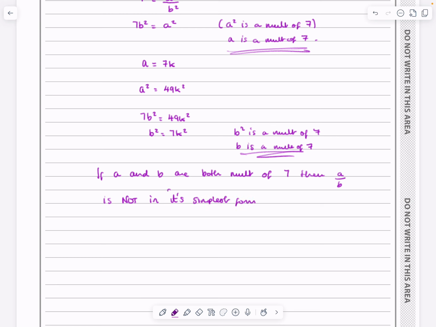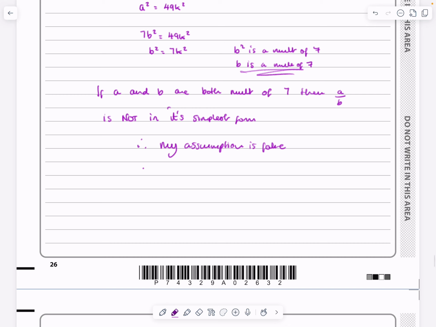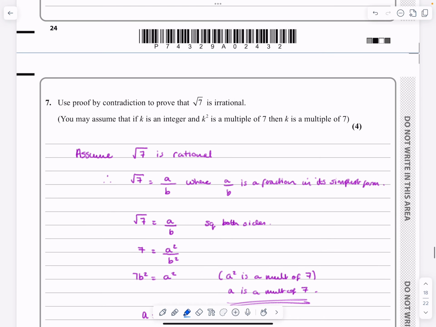So if that's the case, therefore, my assumption is wrong. The bit that I assumed first of all doesn't work; it is false. And if my assumption is false, then the thing I was trying to prove has to be the opposite. So therefore, root 7 is irrational.